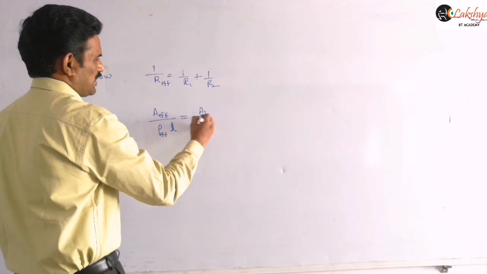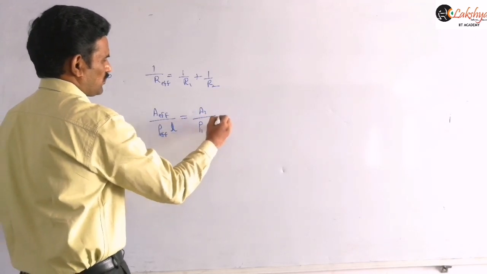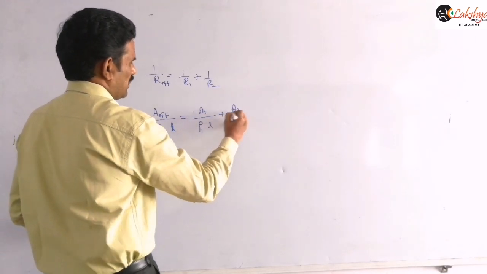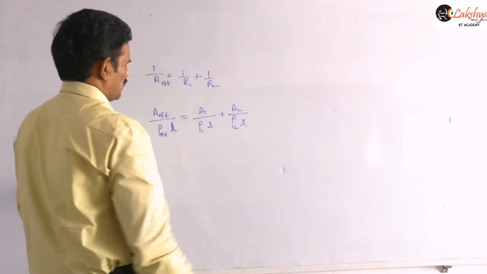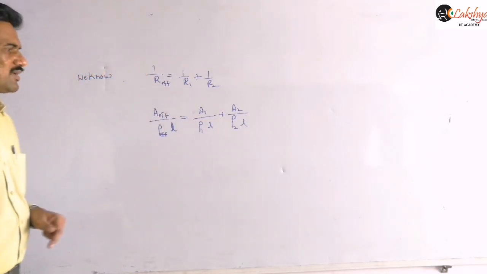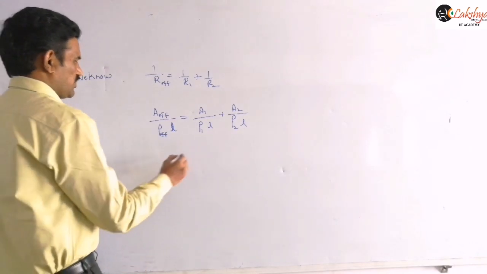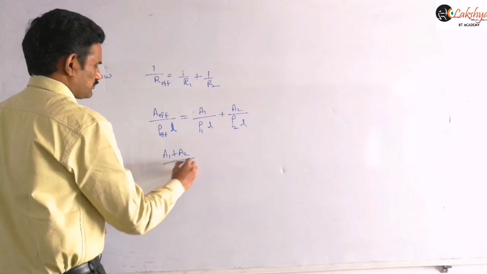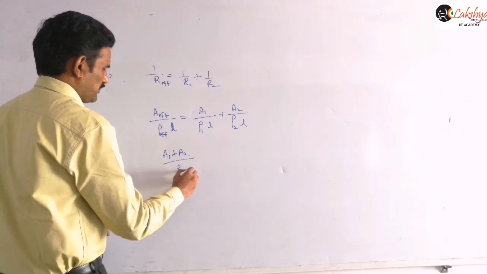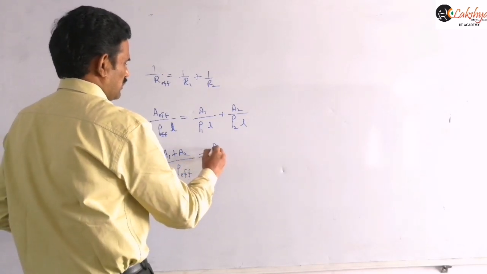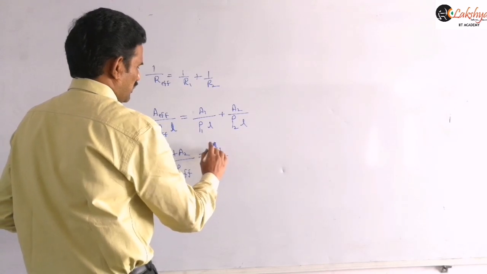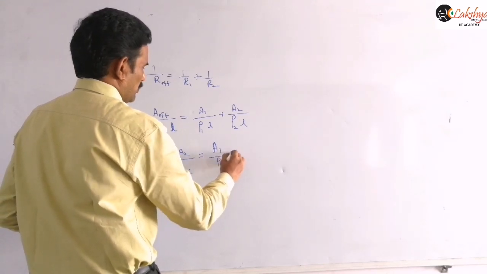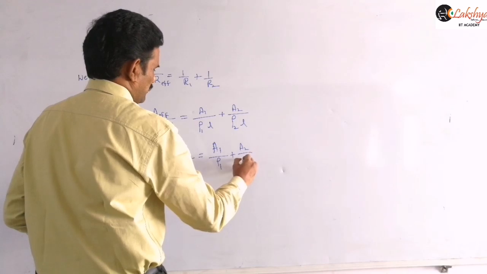So this will be A1 by rho 1 into L plus A2 by rho 2 into L. So rho L by A, that A I am writing in the numerator. And so this effective area I can write as A1 plus A2 by rho effective is equal to A1 by rho 1 plus A2 by rho 2.